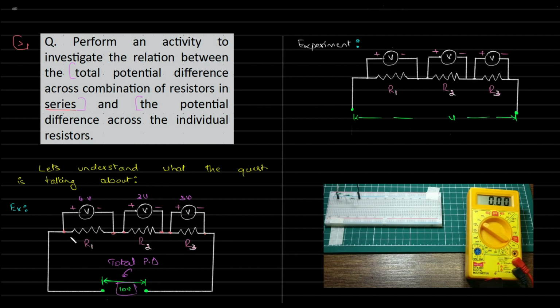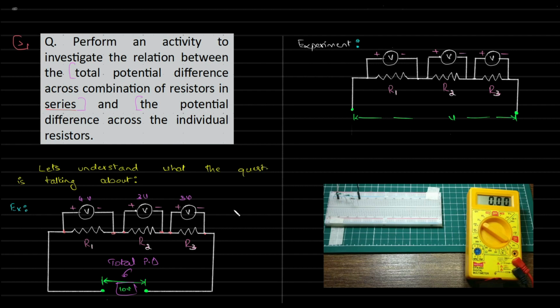I'll explain the reason why this happens, but try to understand what is happening here. At the ends of the combination of resistors, the voltage across all of it is 10 volts. When we see the individual voltage readings, they add up to the voltage across all of it. So 4 plus 3 plus 3.